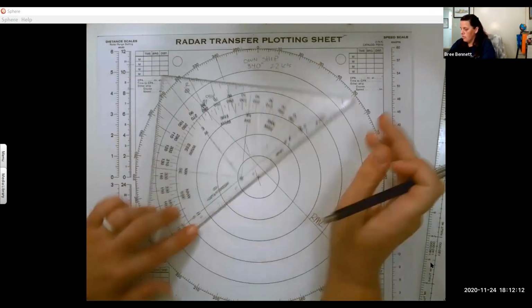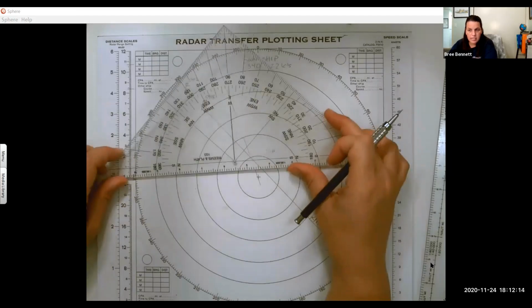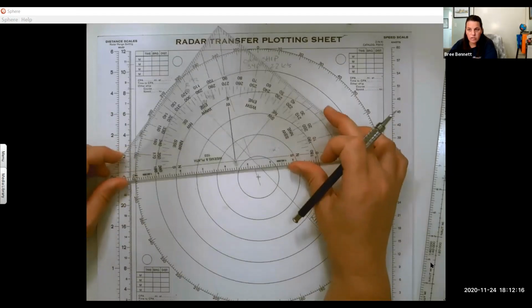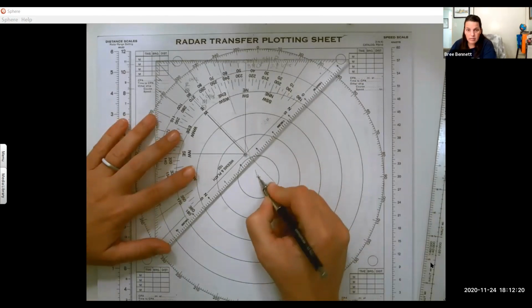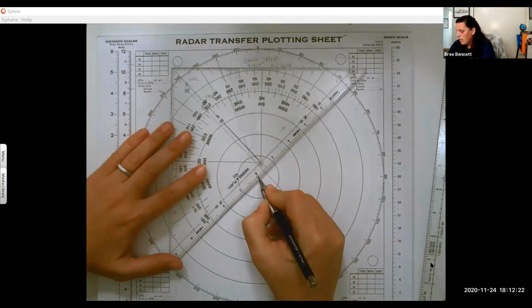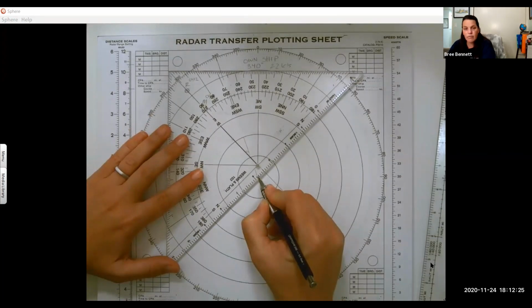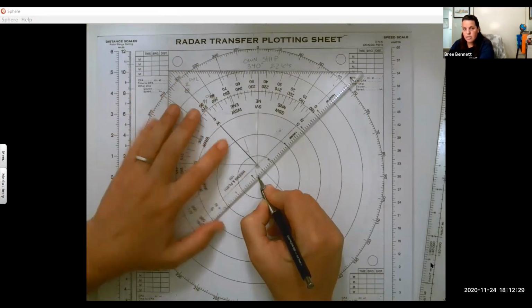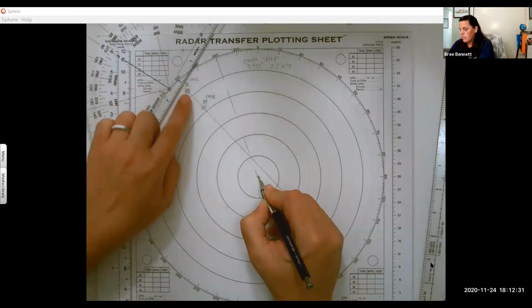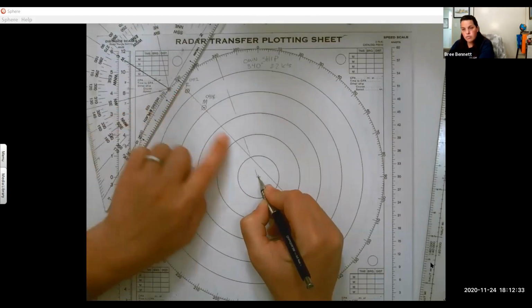So are you guys using a triangle to find CPA, or what tool are you? Okay. So I put my pencil in the middle and I get my perpendicular line on that relative motion line. So this perpendicular line is on this R to M line, relative motion line.